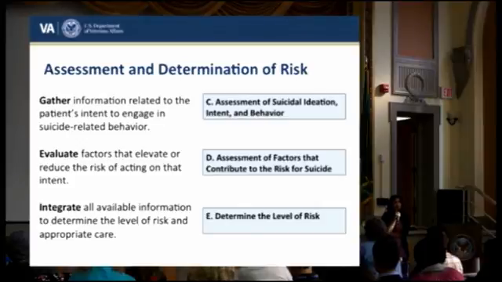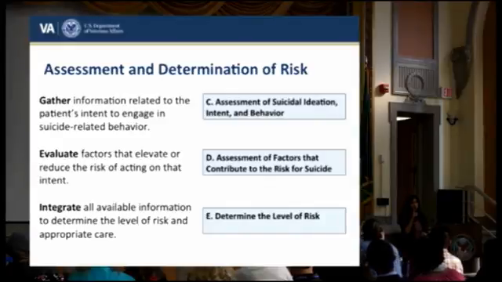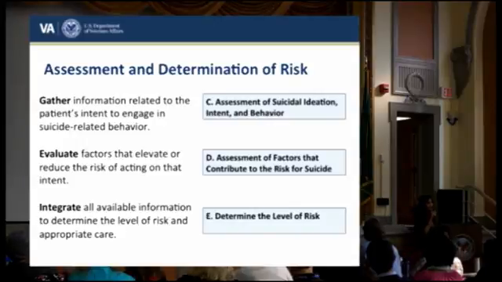Those are what we generally refer to as other types of warning signs, risk and protective factors. And how do we integrate that information with this other suicide-specific information, determine the level of risk, and then what does that mean for what we're going to be doing with that patient in that session and moving forward in treatment?